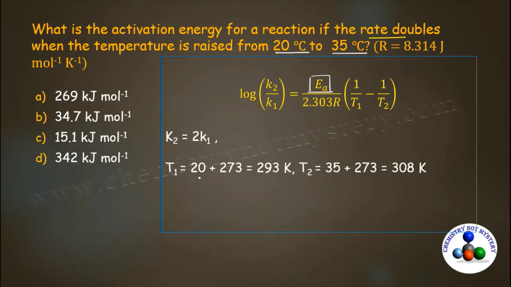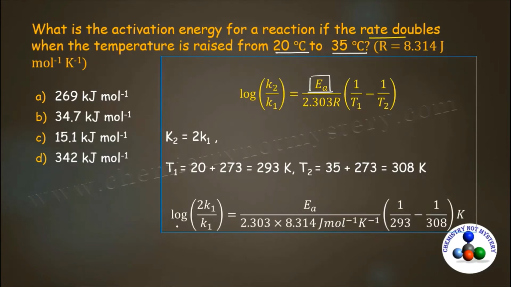Before placing the values in the given equation, you have to convert temperature from degrees centigrade to Kelvin. So T1 will be equal to 20 plus 273, so you will get 293 Kelvin as T1. T2 will be equal to 308 Kelvin. Now place the values in the given equation.